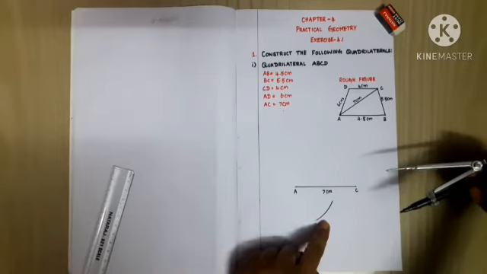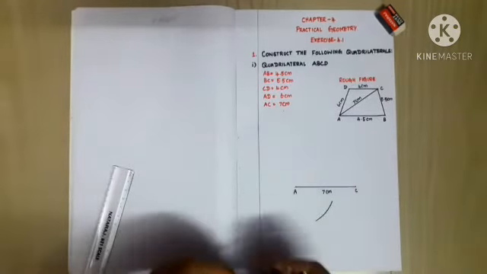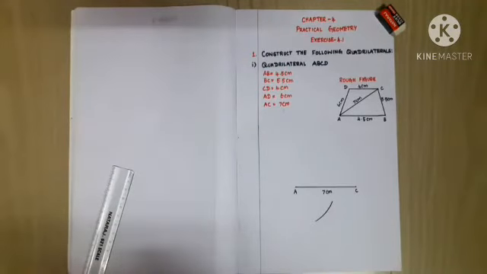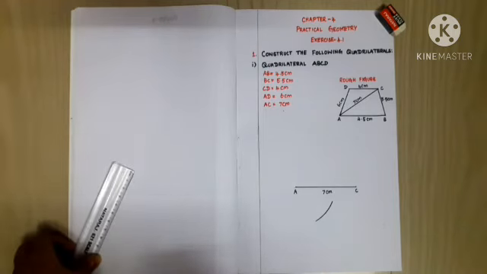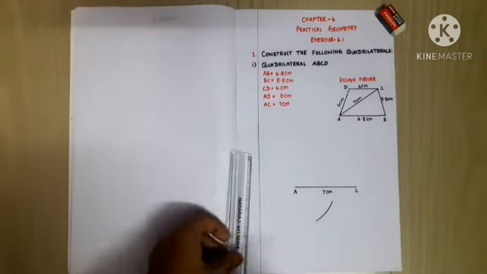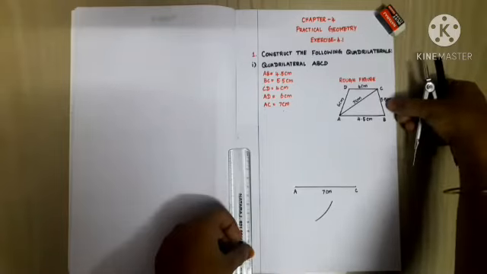This is the arc. Okay. With the 4.5 centimeter, with A as center. Now with the center C and radius of 5.5 centimeter, draw another arc intersecting the previous arc at B. Now listen, from C to B I am having 5.5 centimeter.